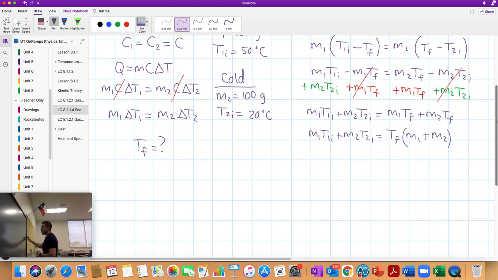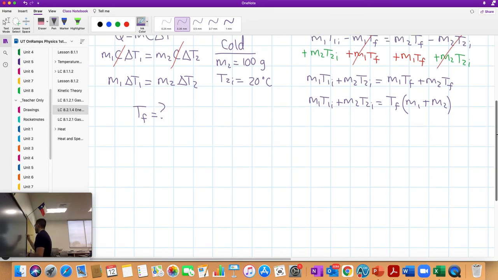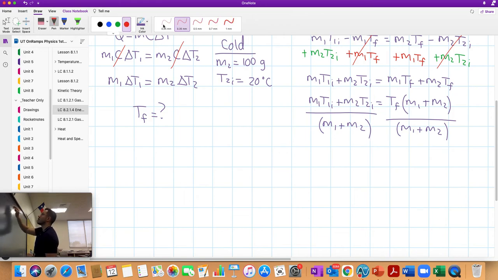Now, since we're trying to solve for temperature final, just divide both sides by mass 1 plus mass 2. This will cancel. And I'm going to flip my equation because I want to have the temperature final on the left side.